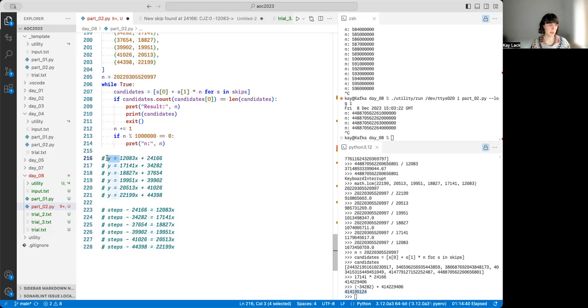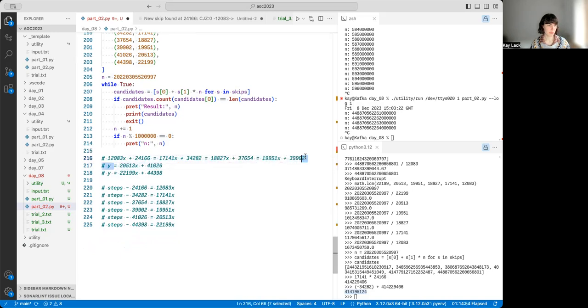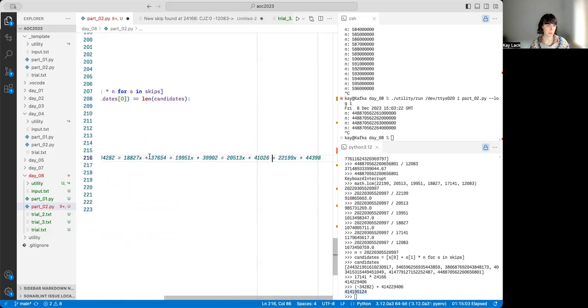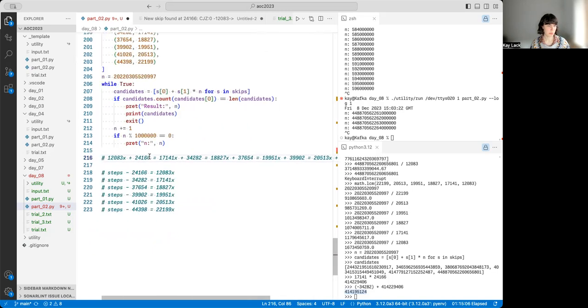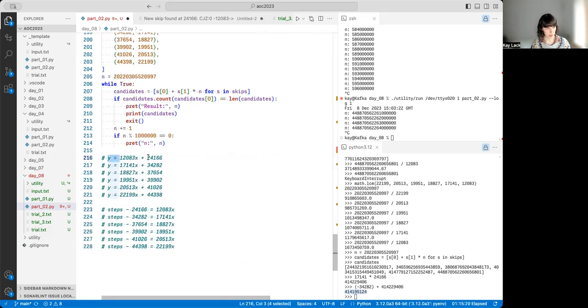I want to find the intersection between each of these. Say they're all equal to each other.